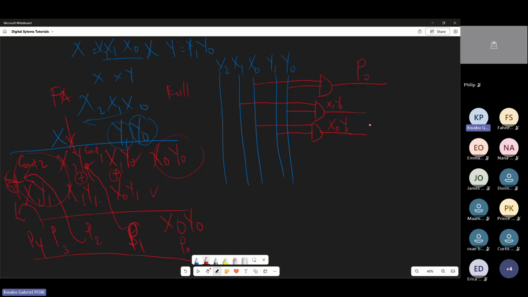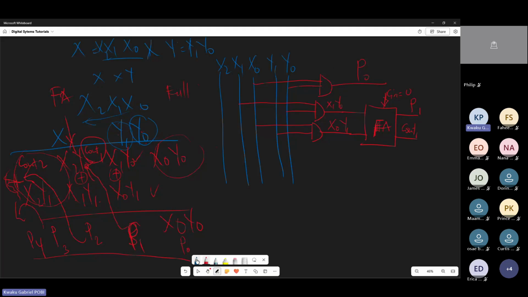Then these 2 inputs are supposed to be fed to a half adder because you have to add them. If he tells you to do full adder, it means your carry input here, C in, is actually 0, like this. Then here you are supposed to get a sum, which is P1, and then a carry out 1. Now this carry out 1 should be taken to this part, right? This part to be added with these two guys.